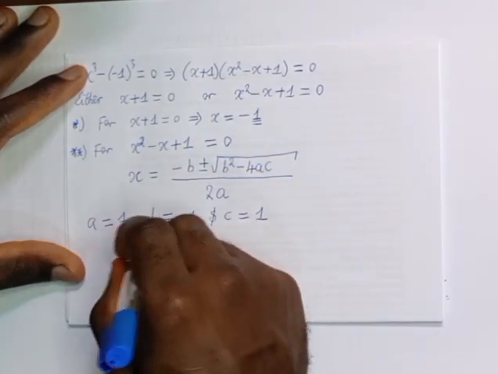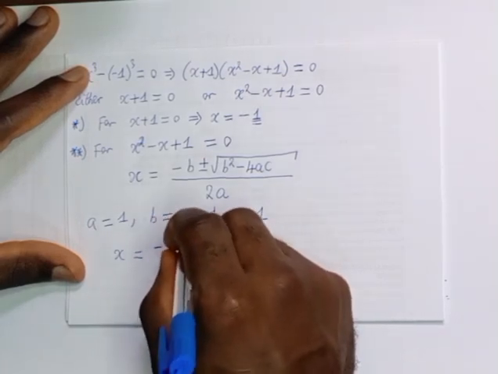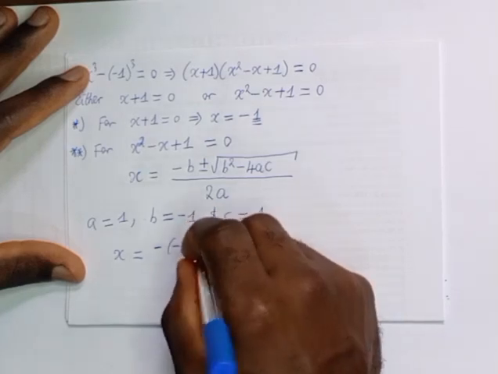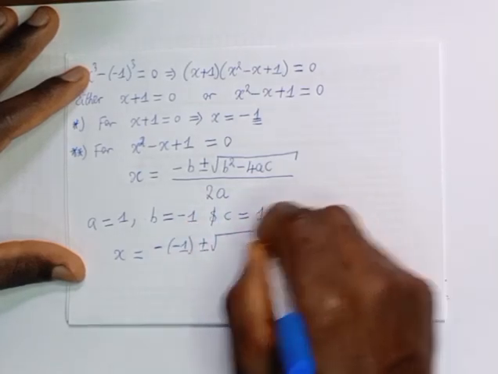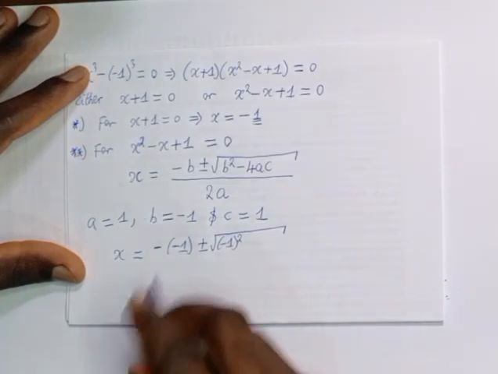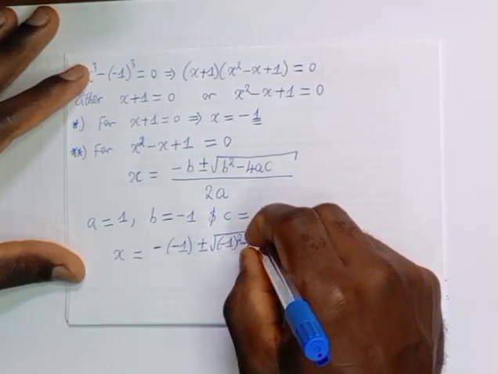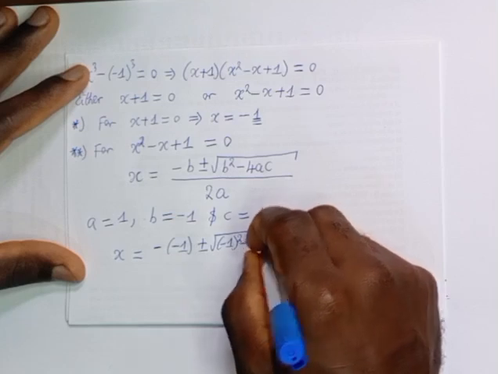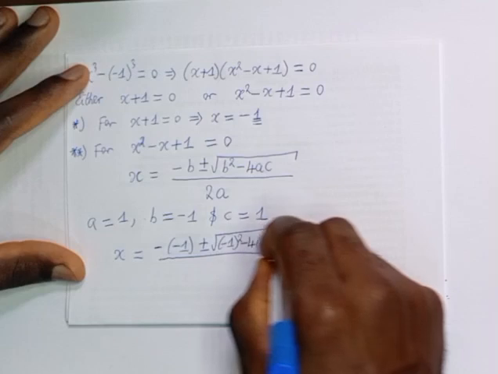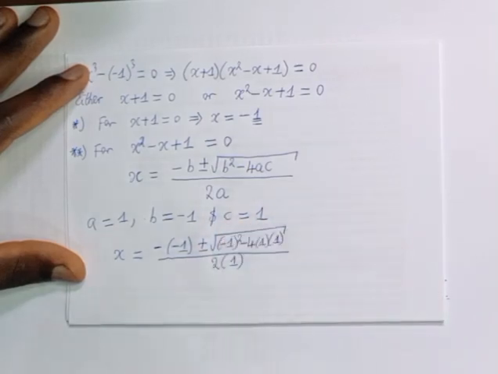This will give us x to be equal to negative of negative 1 plus or minus the square root of negative 1 squared for b minus 4 times the value of a, which is 1, times c, which is 1. Then we divide all this by 2 times a, which is 2 times 1.